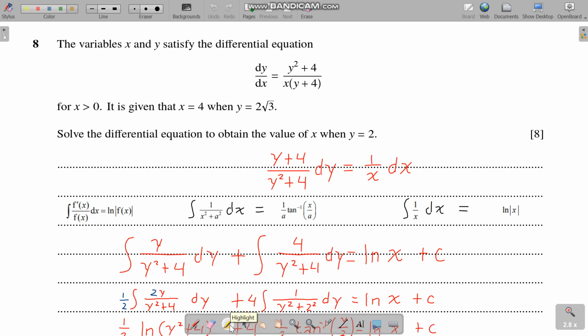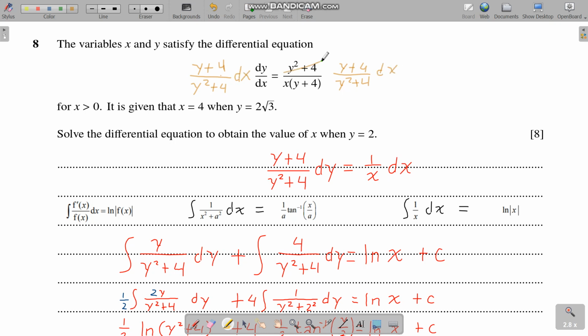first of all, you have to separate the variables by multiplying or dividing both sides by something. So here, let's move everything with y to the left. So we multiply both sides with y plus 4 over y squared plus 4, and also we multiply both sides by dx.